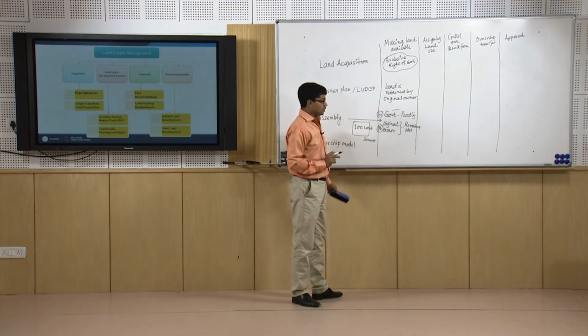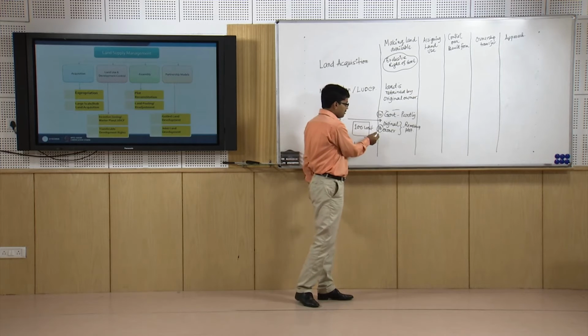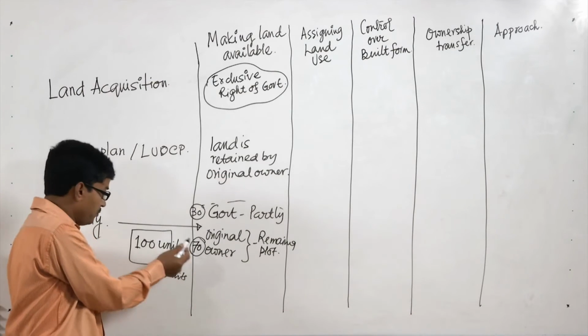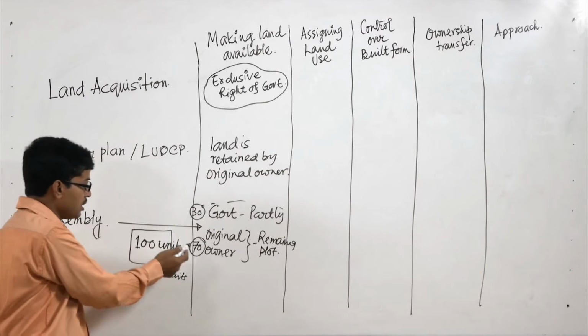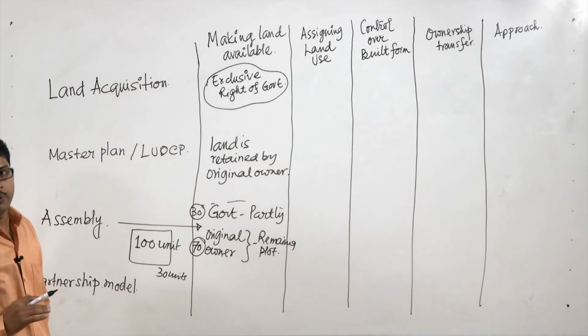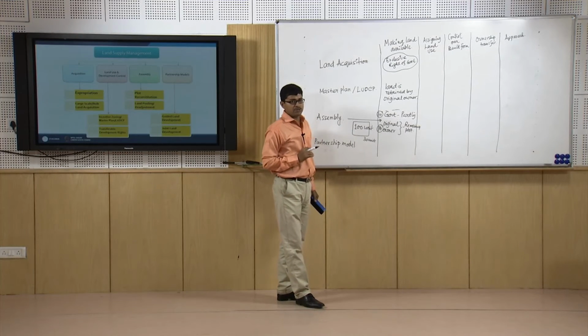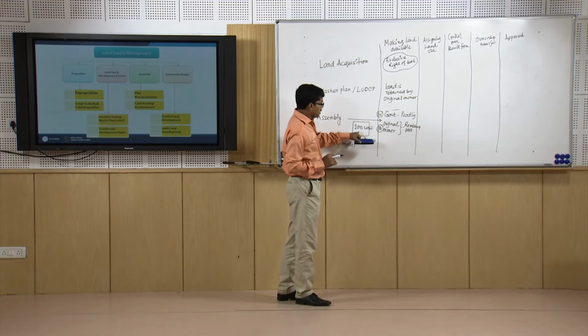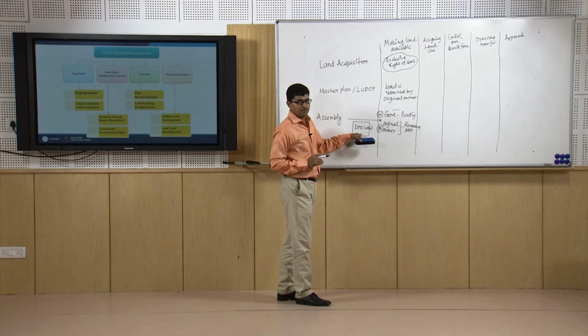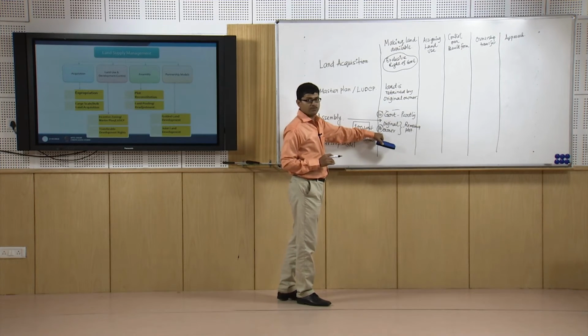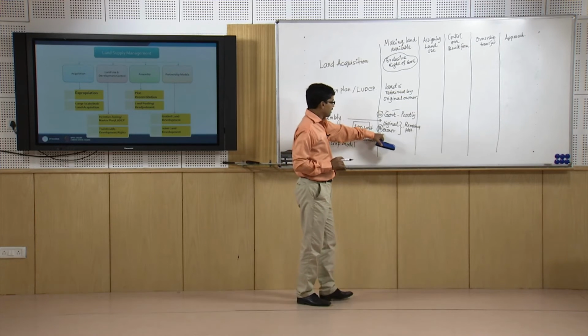So, the advantage for the private owner is that they are getting 70 units from their original 100 units, but these 70 units are much better in quality in terms of the service facility. So, in place of 100 units of raw, undeveloped land, they are getting 70 units of developed land. That is the advantage.